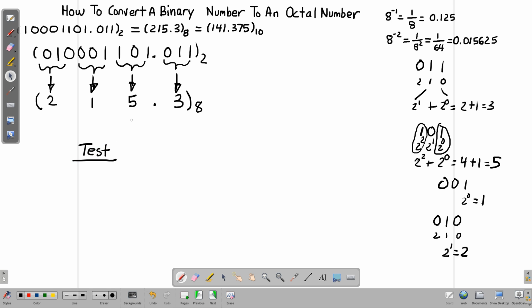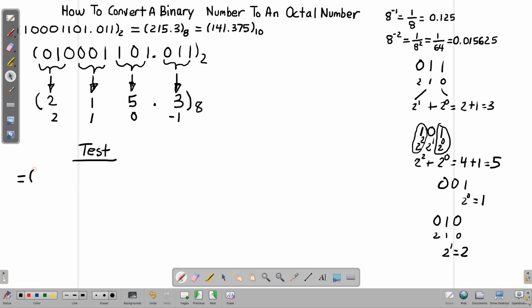We have this 5 in the 0th position, the 1 in the first position, and the 2 in the second position. Now the 3 is to the right of the decimal point, so it's in the -1 position. Let's compute and see if we can match the decimal value at the top.